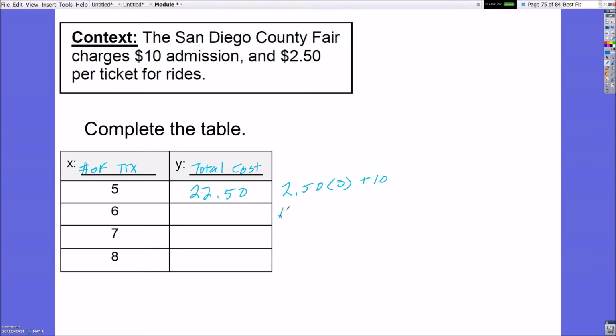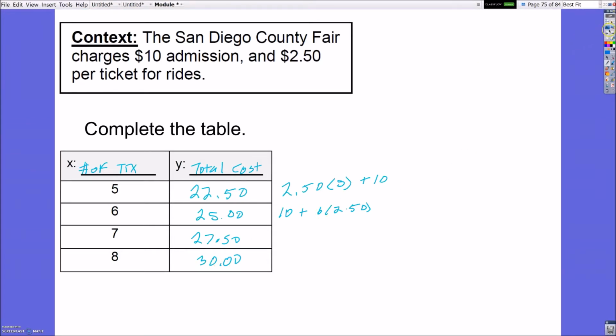If we did 6, it's $10 to get in, plus 6 tickets at $2.50 each, which would be a total of $25. If we increase our tickets by 1, we increase the amount of money we spend by $2.50. So I know this would be $27.50, and I know this would be $30.